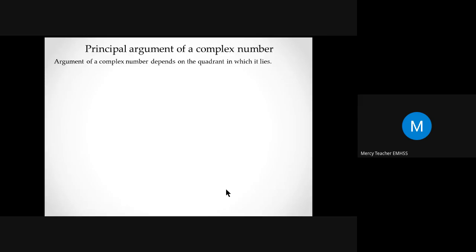In all four quadrants it may lie. So here we have the principal argument. This argument of a complex number depends on the quadrant in which it lies. What is the formula? Theta is equal to tan inverse of y by x.